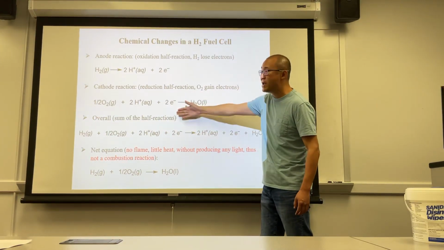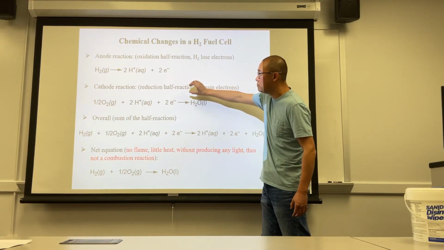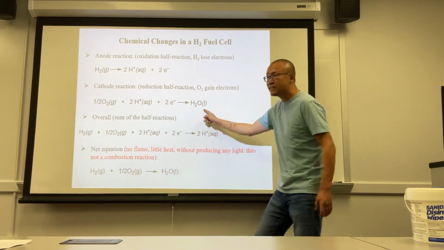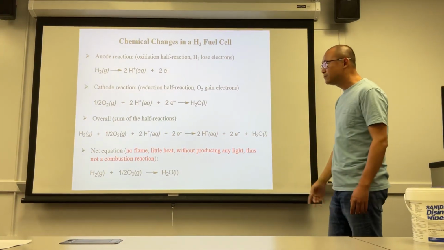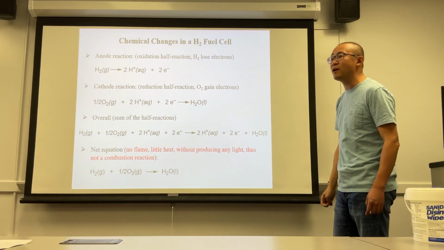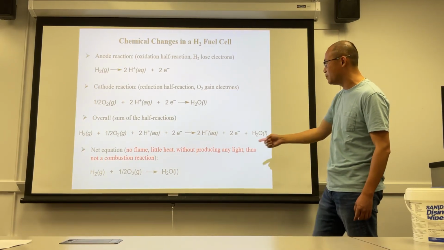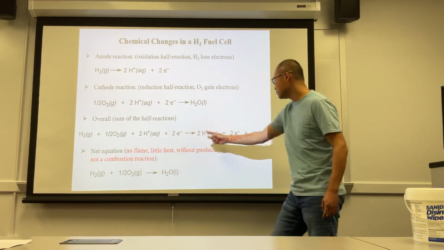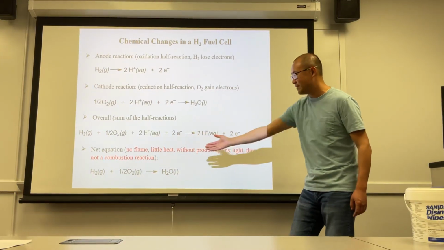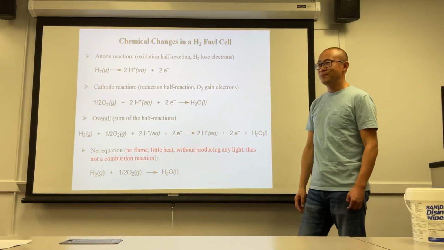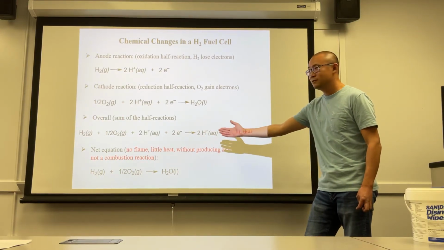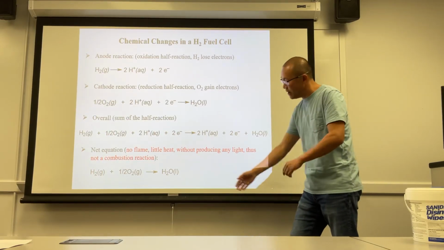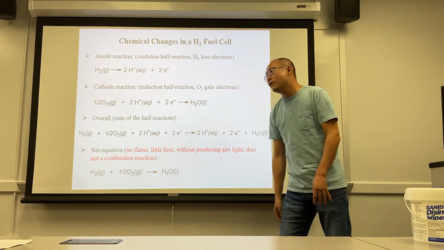If you add these 2 half reactions together, like I said, everything on the left side added together, everything on the right side of the arrow added together, and you cancel the species out on both sides. What do we cancel? 2 H+, 2 H+, 2 electrons, 2 electrons. What do we get? We get this. This reaction is basically hydrogen reacting with oxygen to give water.